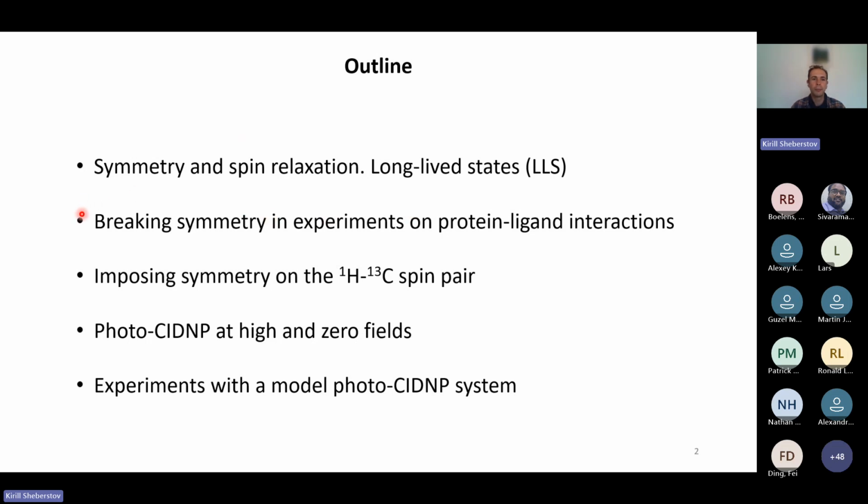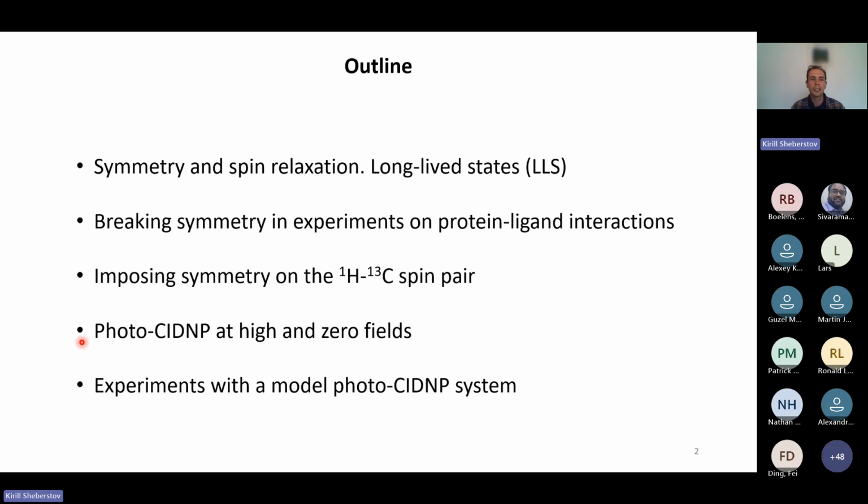Then I will briefly proceed with the discussion of how breaking the symmetry can help one to perform drug screening experiments, where people look for protein-ligand interactions. And then I will discuss how one can impose symmetry on proton and carbon spin pairs, providing a way to form heteronuclear long-lived states.